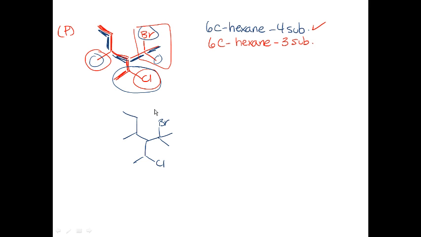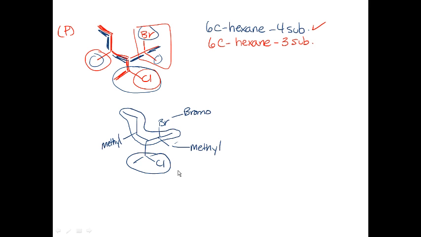So there's my molecule. Now let's go ahead and superimpose the longest chain with the most number of substituents. So what do I have? I got a bromo group. I got a methyl group. I got another methyl group. And down here I have this one's different, a 1 chloroethyl group.